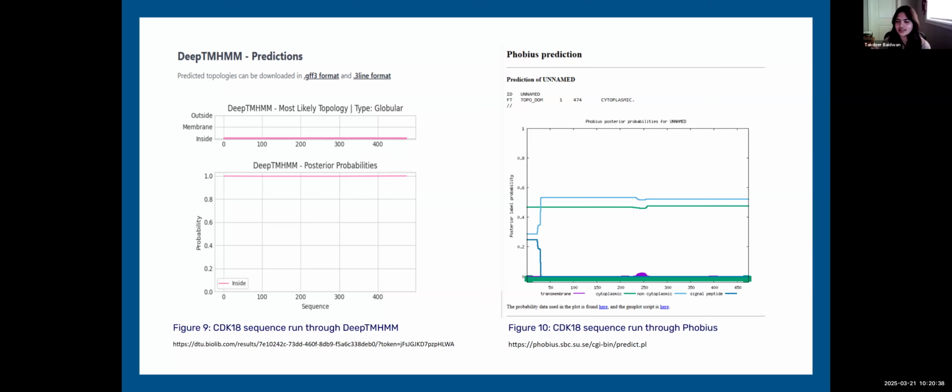Phobius, I was a little bit skeptical of just because there's some non-cytoplasmic region, and I think Phobius doesn't detect nuclear localization signaling, so I think that's probably why. The cytoplasmic aspect can be correct with some functions, but there are a lot of functions that are regulated within the nucleus. So I think it's just that part that Phobius didn't catch.